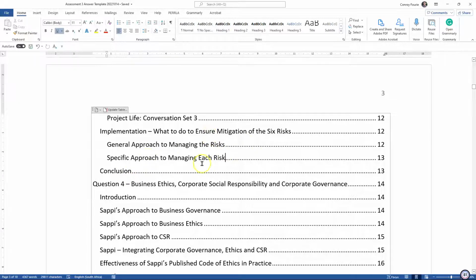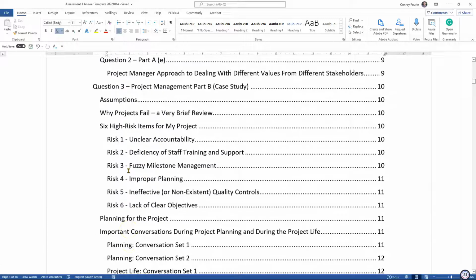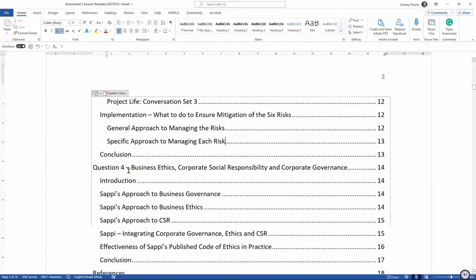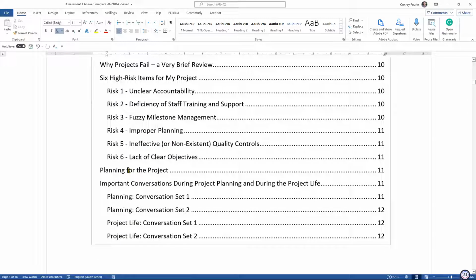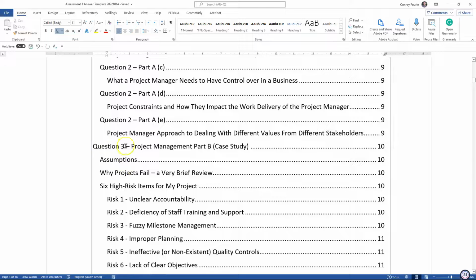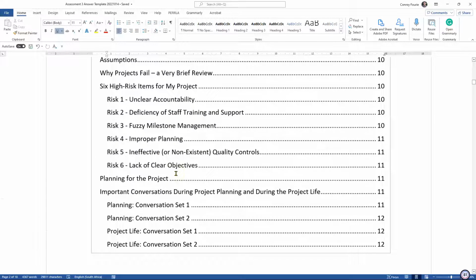So those are just examples. I'm not saying those are the ones that you must use here, but a specific approach to managing each risk will be tabled over there and discussed, and you'll have a conclusion for that particular part, which is question 3, project management, part B.